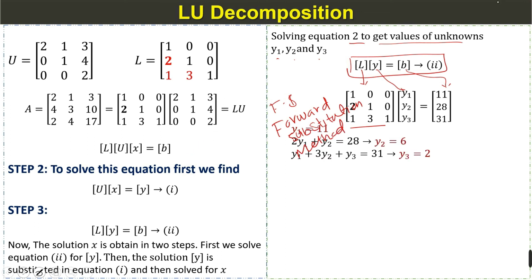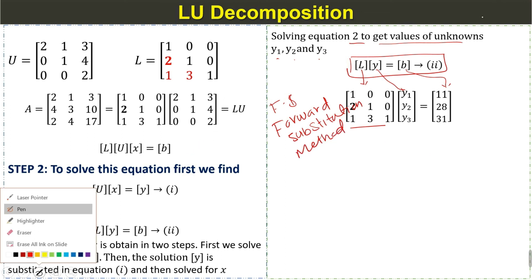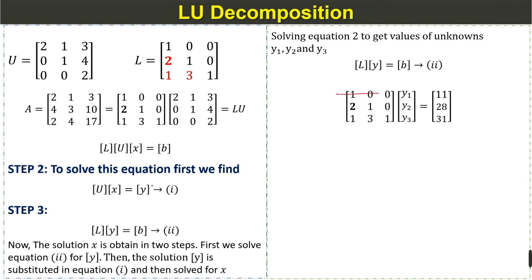We multiply the first row with the matrix y, then the second row with the matrix y, and then the third row with the matrix y, and these will be equal to 11, 28 and 31 respectively.